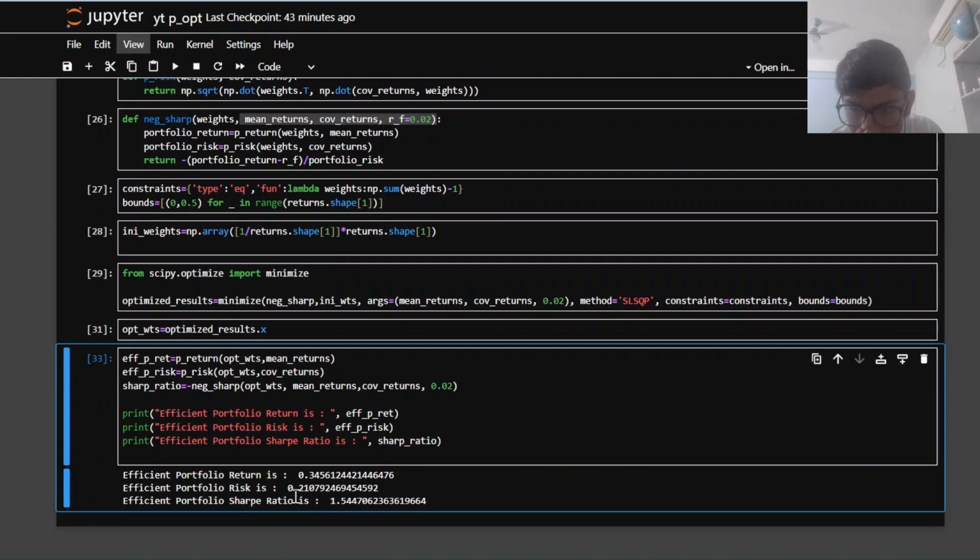So we get a return of 0.34, which is very nice. And okay, the risk, I mean, since we have a very nice return, it is accompanied usually by a very high risk of 0.21, which we have here.